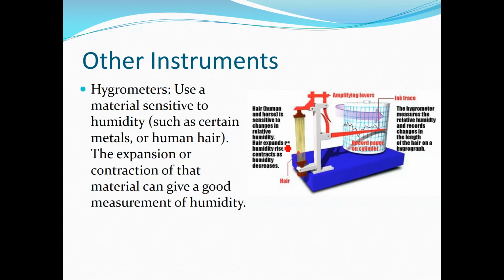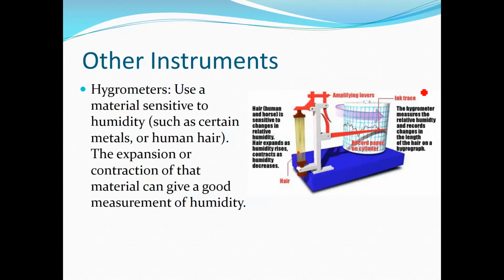They either expand as humidity rises, that's what causes the curls to happen, or they contract as humidity declines. We can then see how humidity is changing as these expand and contract. This causes the needle attached to it to move up and down.